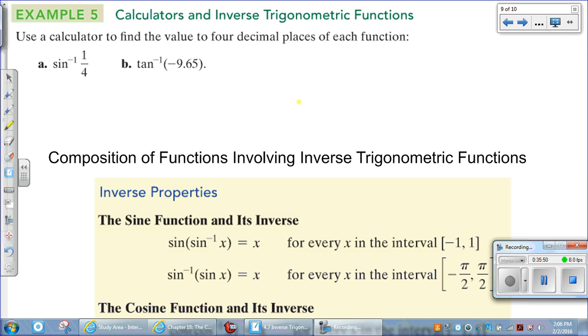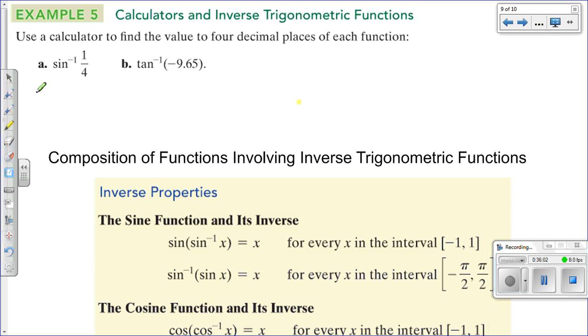Let's move on to example number 5, and now you will need to use your calculator to find the value of the sine inverse or the tangent inverse of those values. So for the first one, I would like you to go to your calculator, and you have a button to the left side of number 7 that says trig, which stands for trigonometric functions.